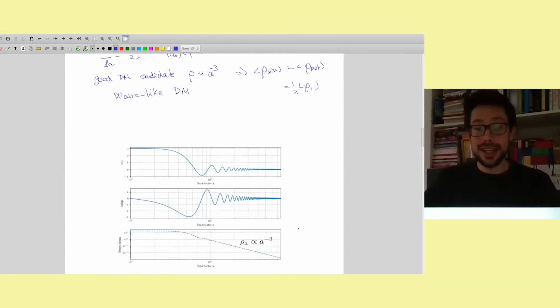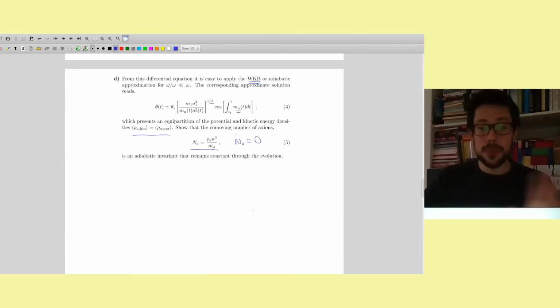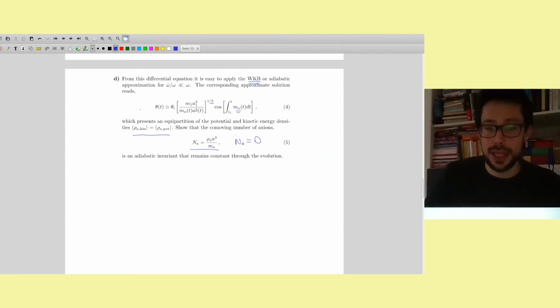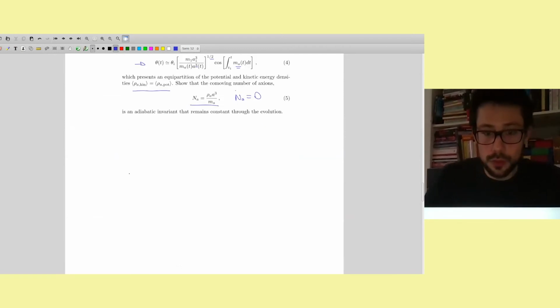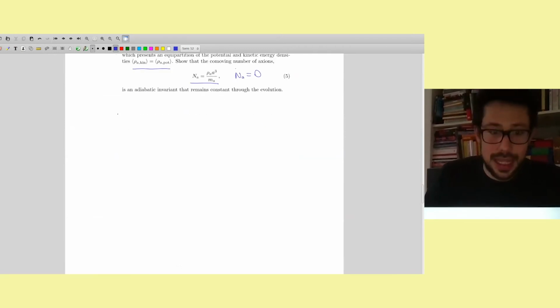So now in this general case, this equipartition of the energy of the potential and kinetic energy density will also hold, even though the specific dependence has changed a bit, this will still be true. So now what we want to compute is how much is dN_a over dt.